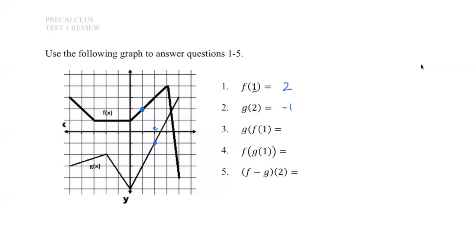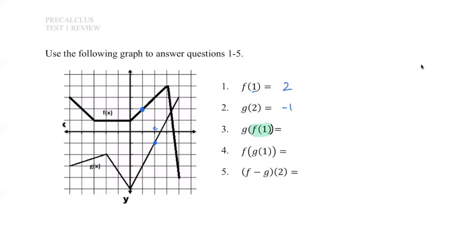Now, number three could be a little bit challenging. I forgot to put the close parenthesis right here. Number three could be a little bit challenging for some, but for most, I would say it should be okay. So g of f of 1, we need to take care of the inside first before we take care of the outside.